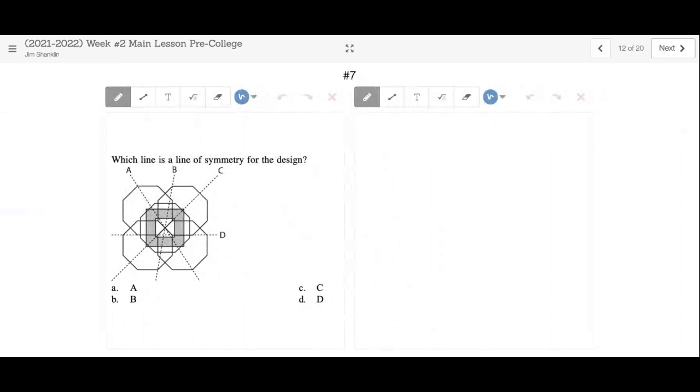Now, which line is a line of symmetry for the design? Okay, so, Jacob, which line is a line of symmetry there? Line A, B, C, or D?